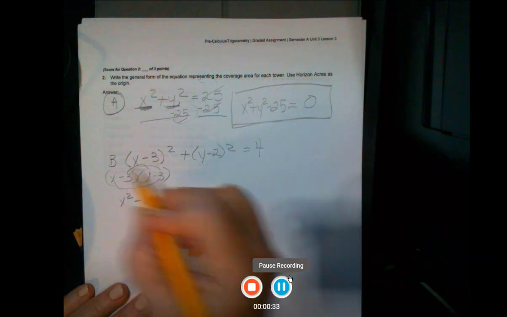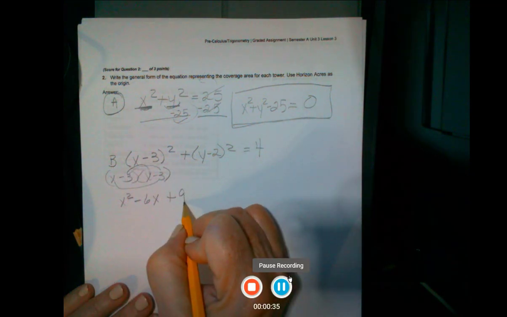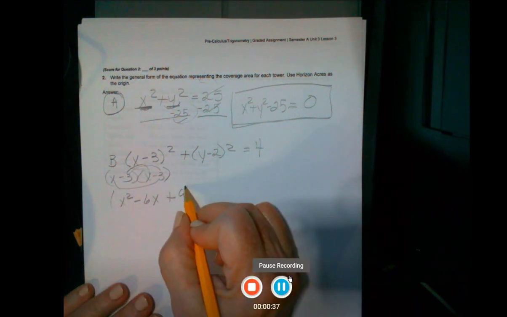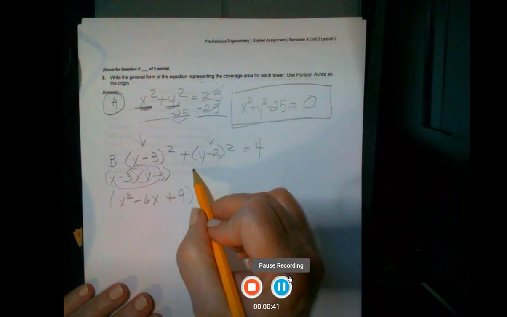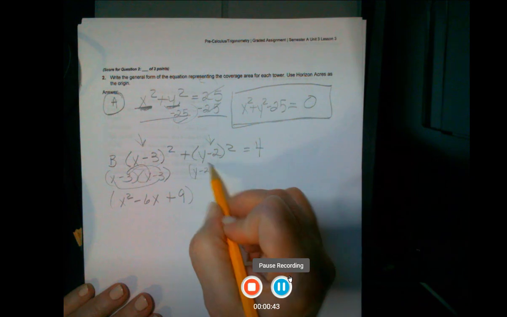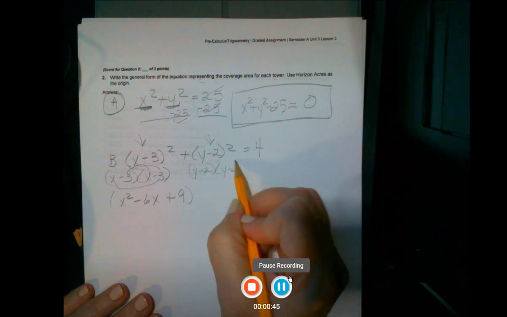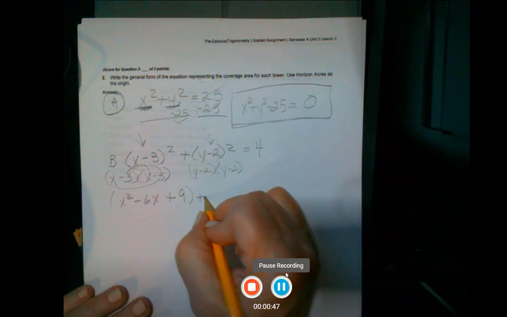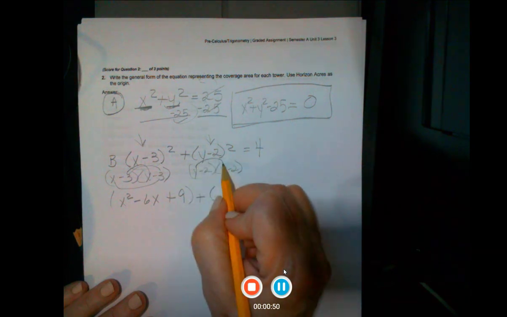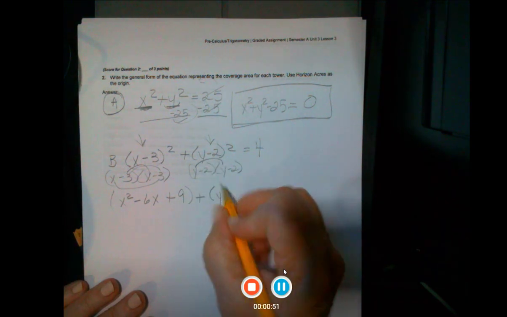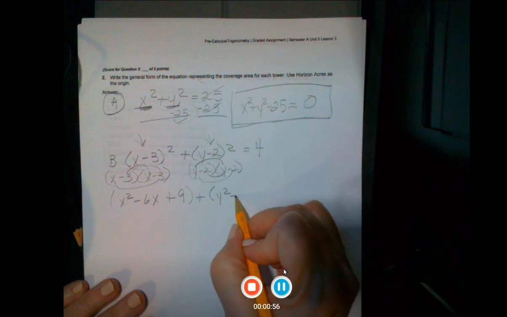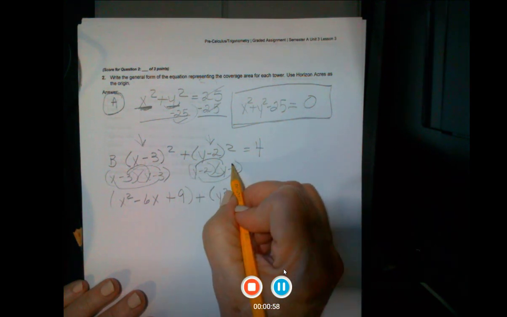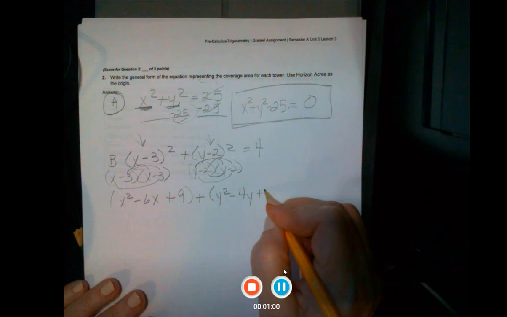Plus negative 3 times negative 3 is positive 9. So this is this part right here. We're going to FOIL this out. We'll have y minus 2 times y minus 2. So we'll have y squared. We have a minus 2y and another minus 2y. So that's minus 4y. Negative 2 times negative 2 is positive 4.